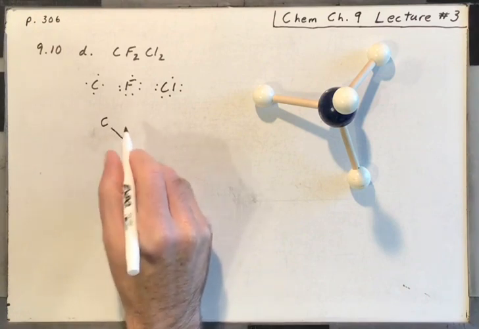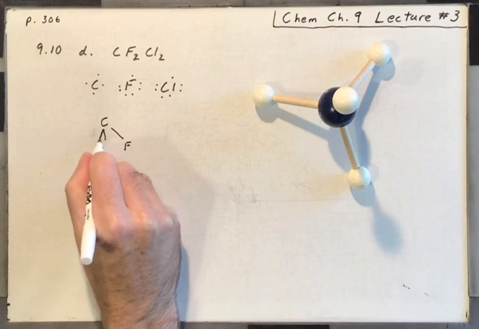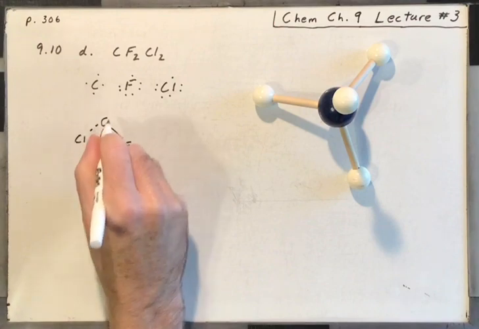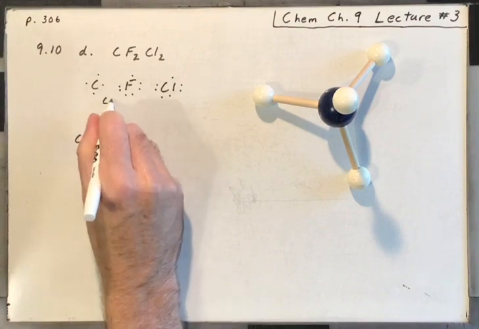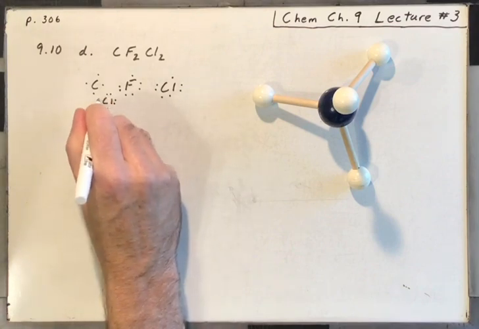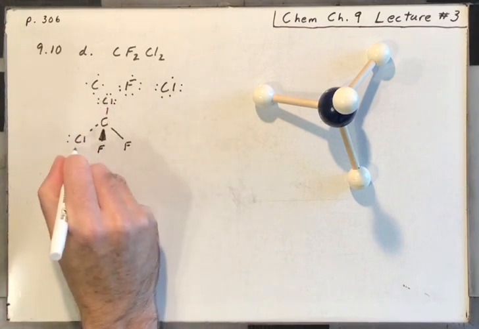Doesn't really matter where you put these, but I'll put the fluorines together, the chlorines together. All right, put the dots around them. Sorry, but I've kind of squished everything in here a little bit too much.